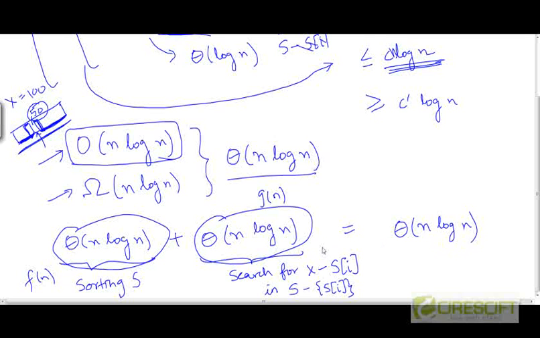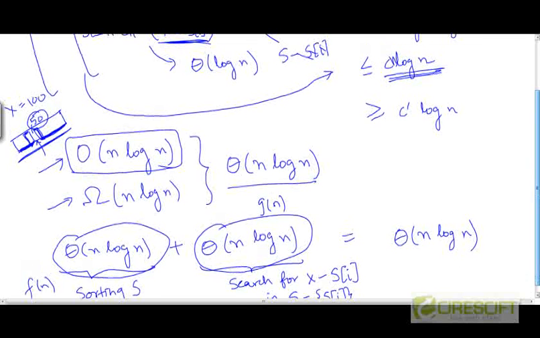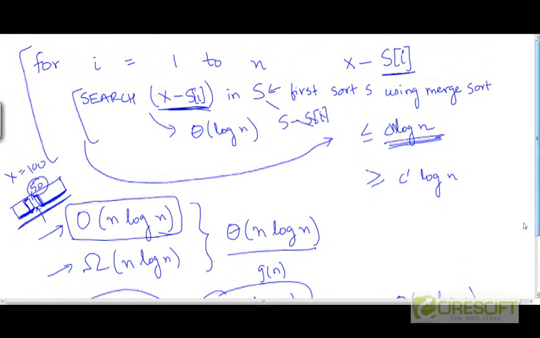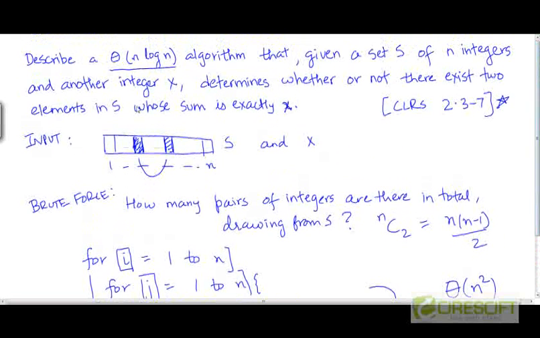And that threshold n naught is going to be the larger of the two thresholds that we use here. So I'll leave the details to you as an exercise. But in effect, we have come up with a theta of n log n algorithm that solves this problem.